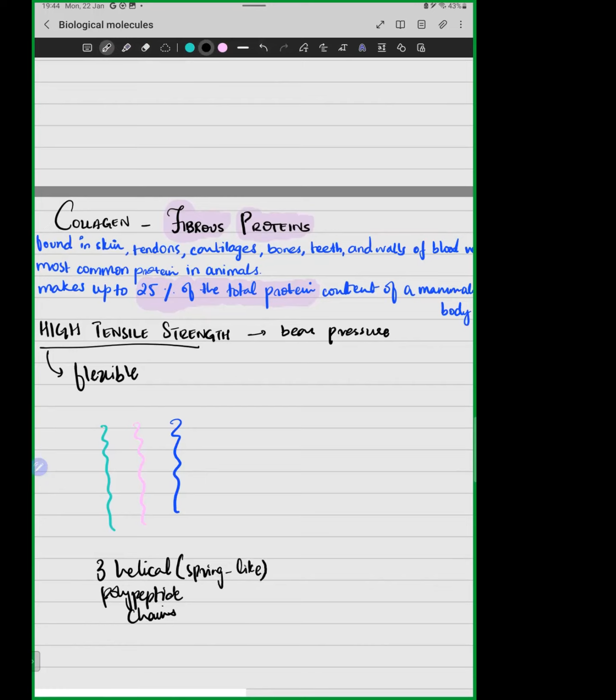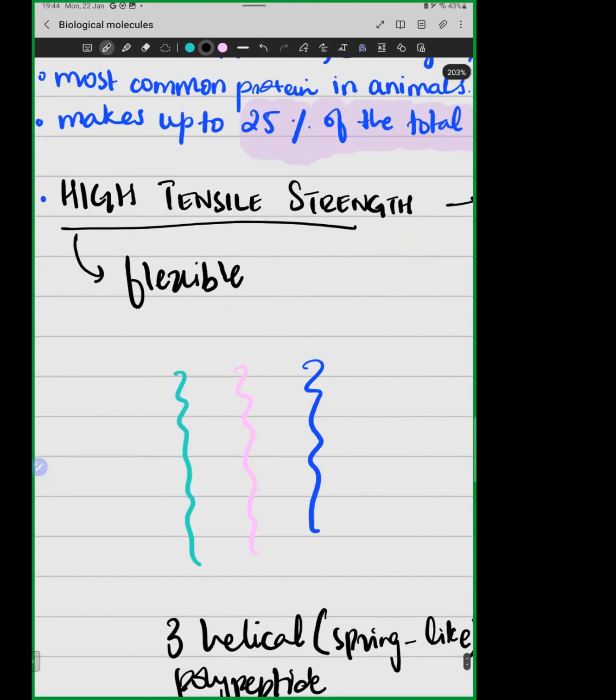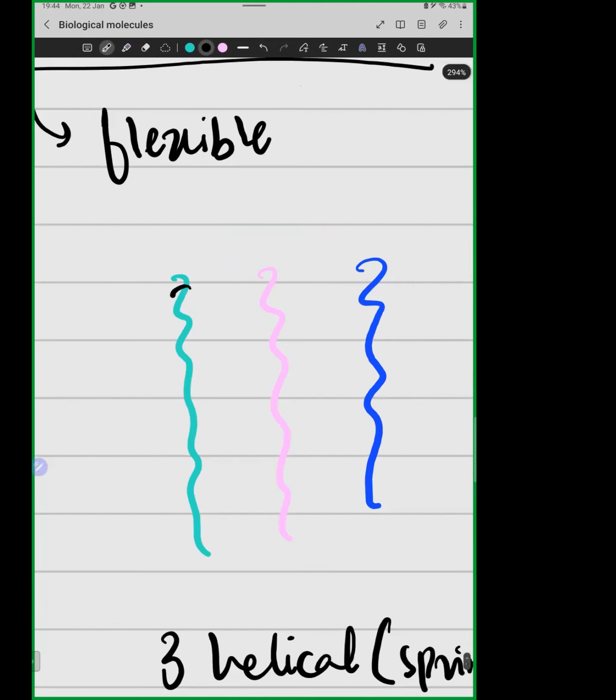Okay. So now obviously these polypeptide chains, they're made up of what? They're made up of amino acids, right? So for example, this is one amino acid, this is another. So these circles are basically what?